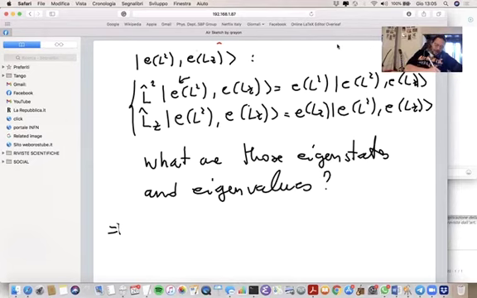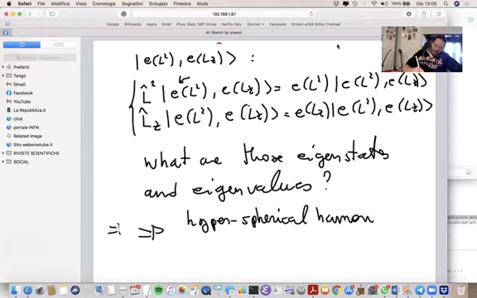These are called the hyperspherical harmonic functions. The name is quite fancy. Let's see what they mean.